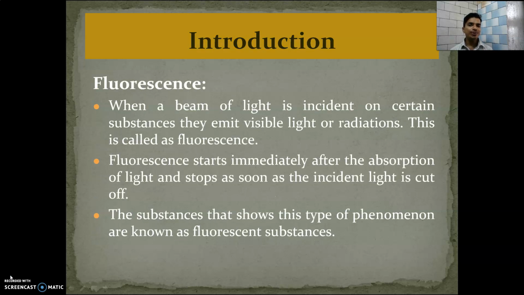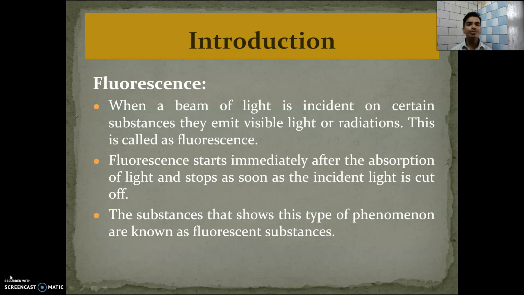What is fluorescence in this case? When a beam of light is incident on a certain substance, it emits visible light or radiation. This is called fluorescence. Fluorescence starts immediately after the absorption of light and stops as soon as the incident light is cut off.